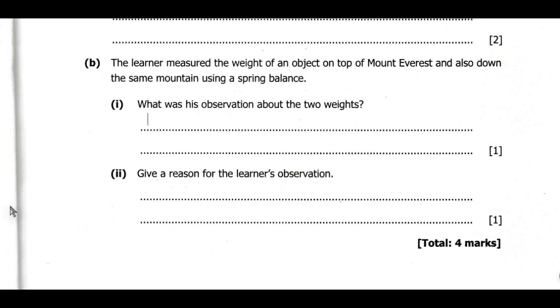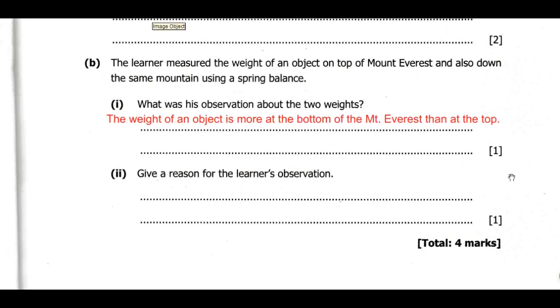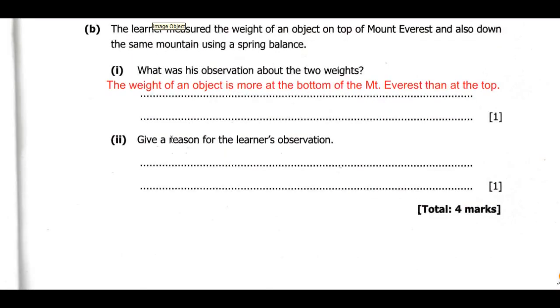So the weight on top of Mount Everest was lower than the weight which was measured down Mount Everest. So we would say the weight of an object is more at the bottom of Mount Everest than at the top. Give a reason for the learner's observation.